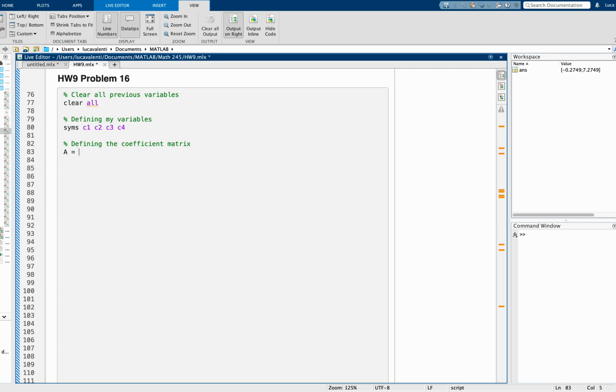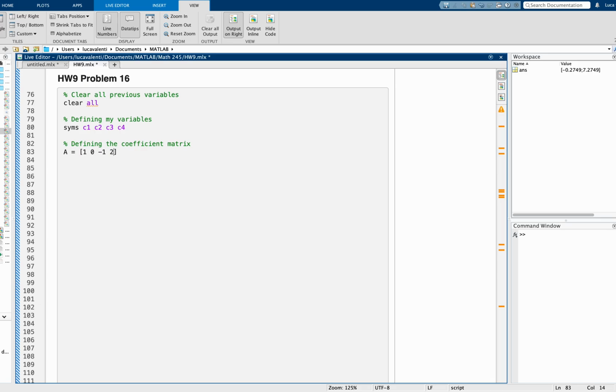First, you assign it a letter, and then you use the equal sign to assign it some value and the square brackets for the matrix. You'll notice that the first row had a 1, a negative, a 0 for C2, and then it had a negative 1 for C3 and a 2 for C4.